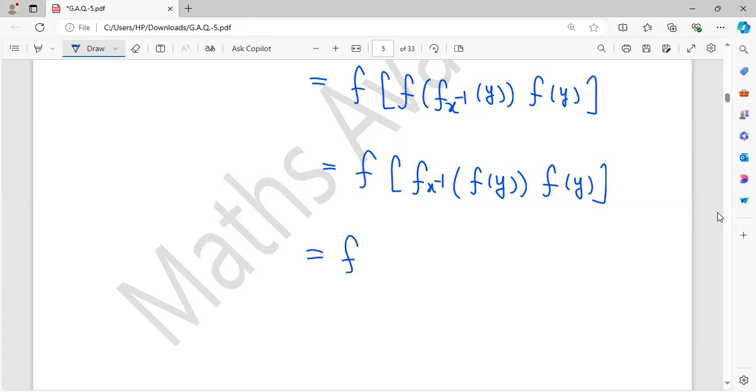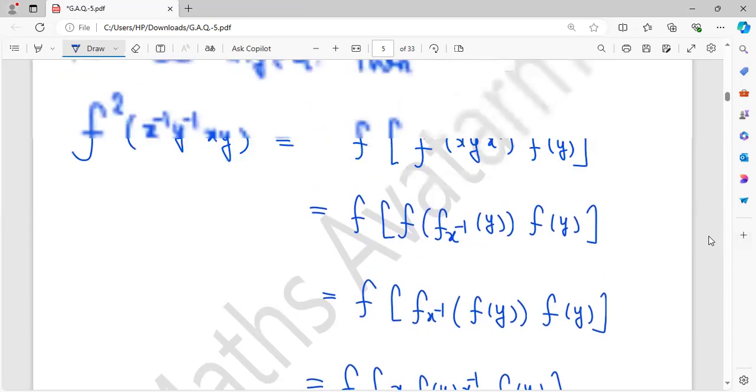This is nothing but f x, f y x inverse, f y. Actually I'm making a mistake.